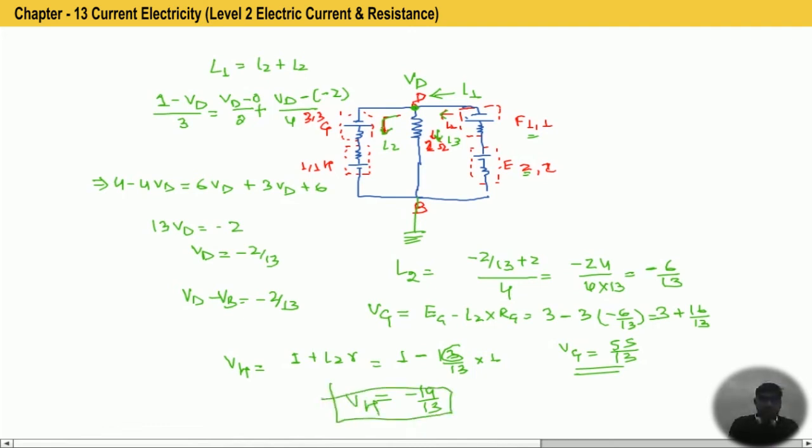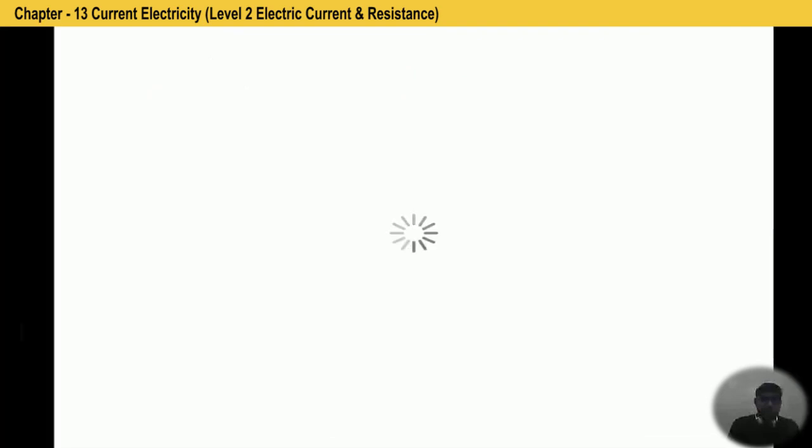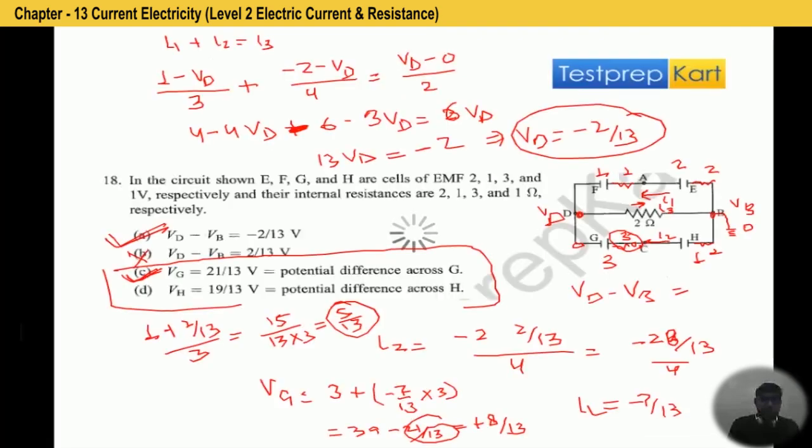Okay. So in this option we got VH 19 by 13, and second, VD minus VB is minus 2 by 13. Right. So in question number 18, option A and option D are correct.